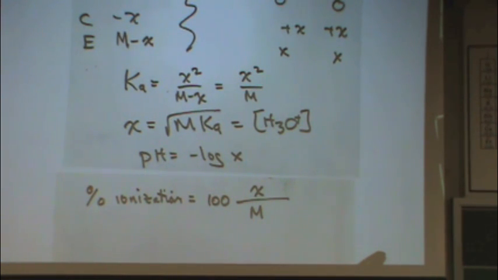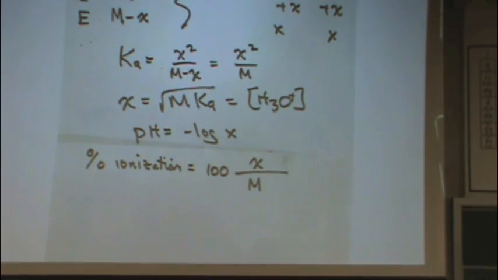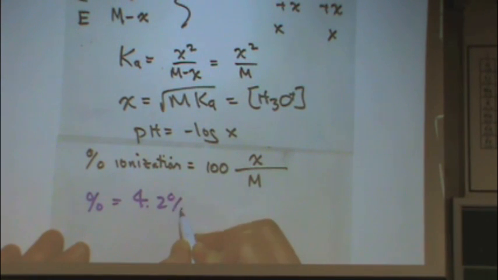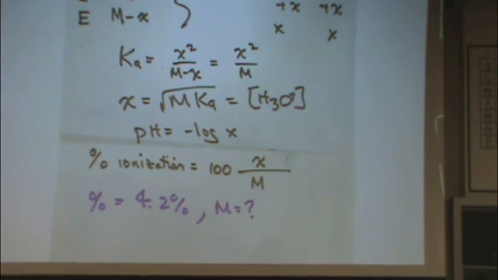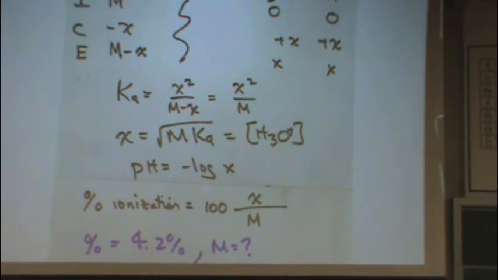The reverse, and what you might have seen on Mastering Chemistry or the homework somewhere, is if we do the following, where we give you the percent ionization is 4.2%, say, and then we want to know M. And people kind of get all tweaked out about that. It's basically the entire problem in reverse. We might have to give you one more piece of information, like X, say for example the pH.